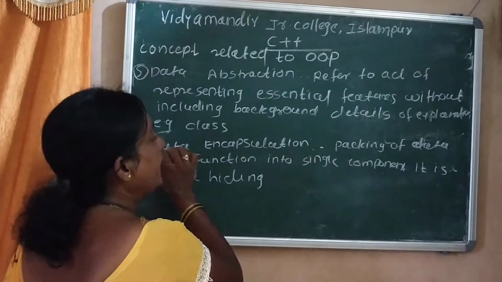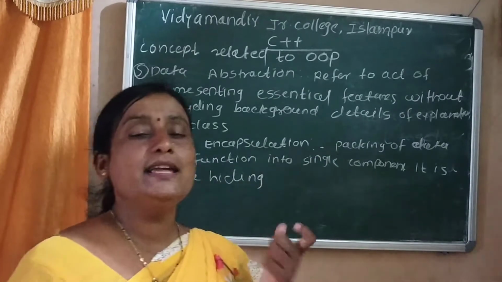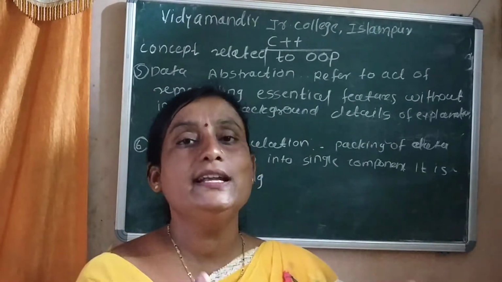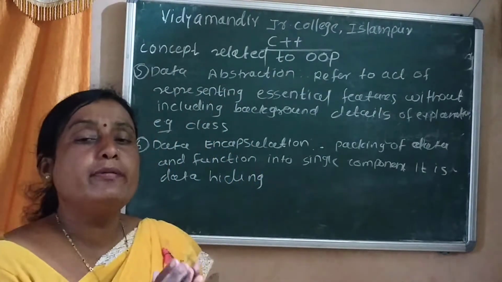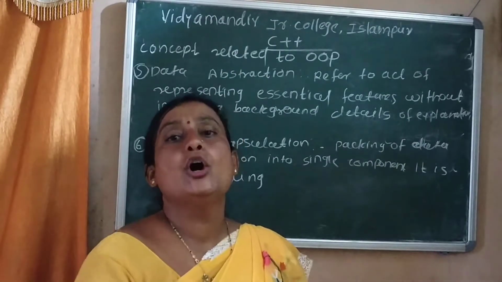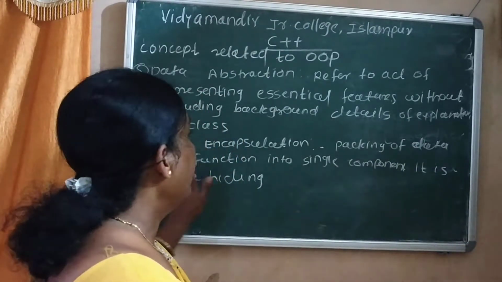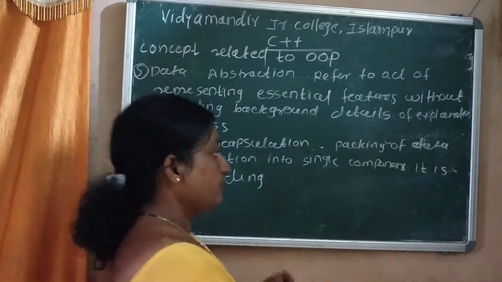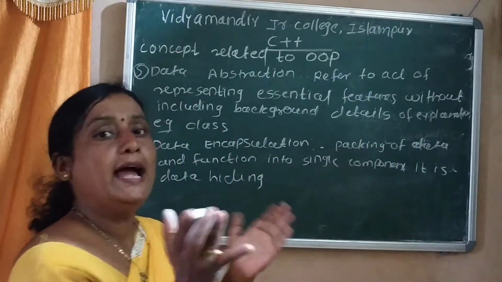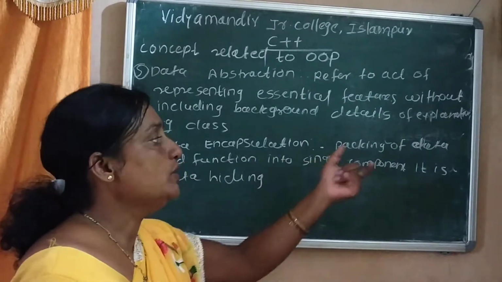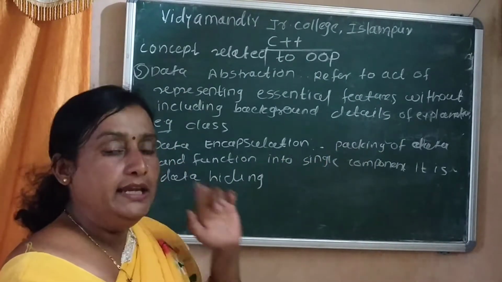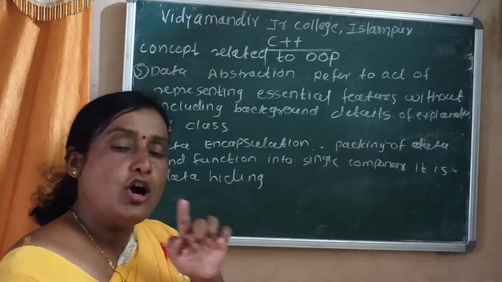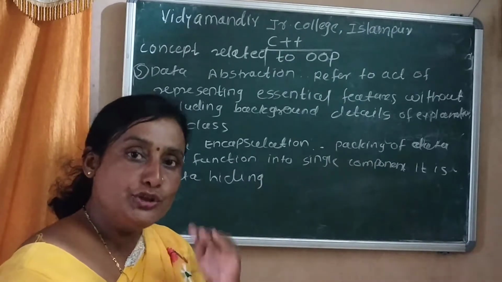And next one, data encapsulation. Encapsulation is nothing but creating a capsule that provides a hiding facility for data members. In data encapsulation, there is packing of data and function into a single component. In a class, it is the way of binding data and function together.